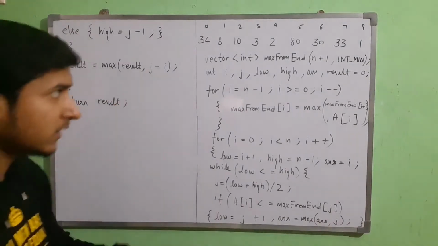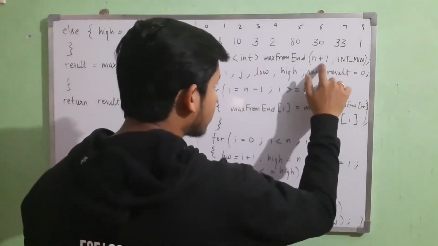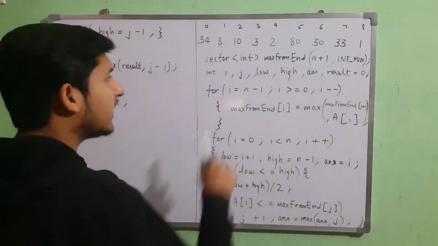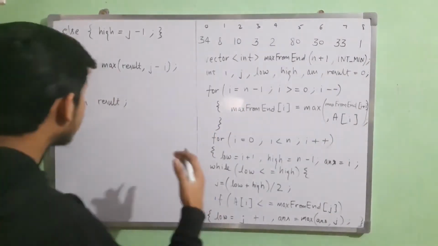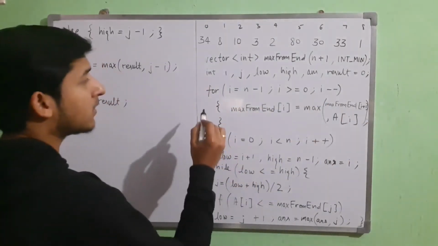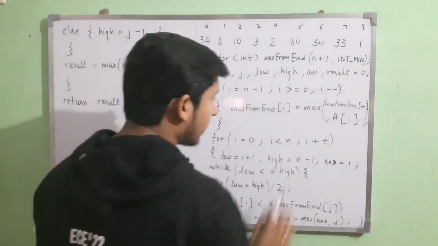So let's go through this again. What I am doing is creating an auxiliary array with size n plus 1 in order to reduce an extra initialization, then declaring some variables that I will be using throughout this program, then initializing this entire auxiliary array this way.